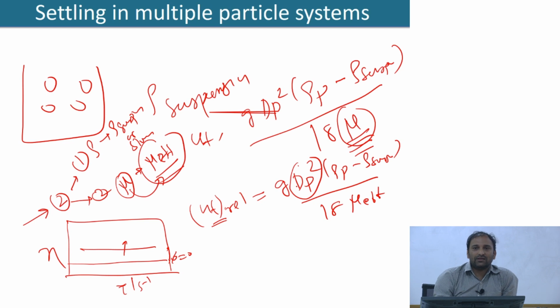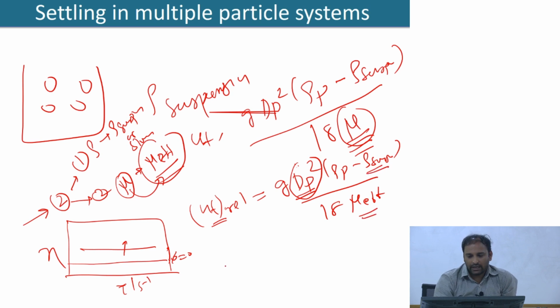Unless I'm making the particles cluster together, unless I'm making the particles larger by aggregation, I would have to worry about changing this. But the particles remain as individual units and they continue to settle, so I don't have to worry about this. So I'm going to keep it the same, and then I'm going to change this and this.